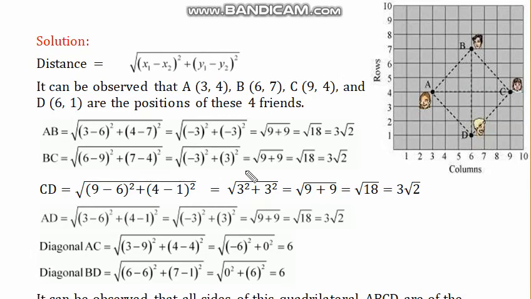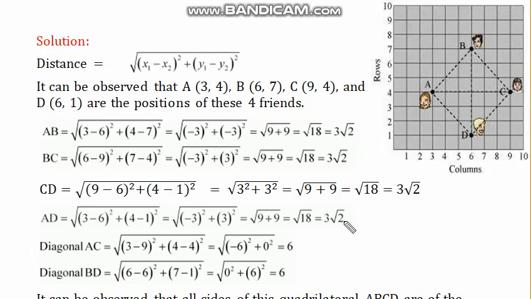Substitute in this formula and we get 3 square root of 2. Next we need to find out CD. The CD answer is also 3 square root of 2. Next we need to find out AD. AD is also 3 square root of 2. Substitute in the distance formula. So we see that their sides are equal.